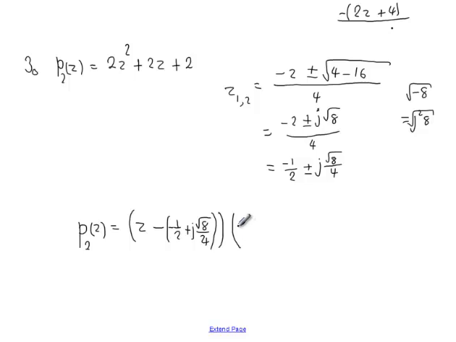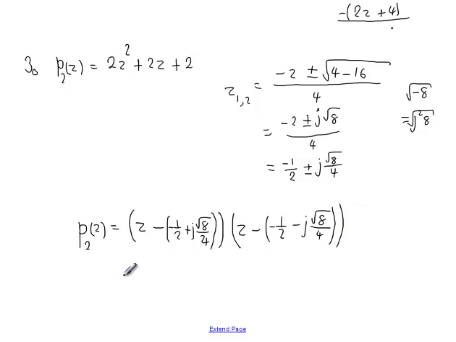Multiplied by Z minus half minus J square root of 8 over 4.